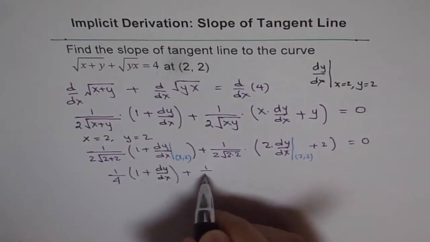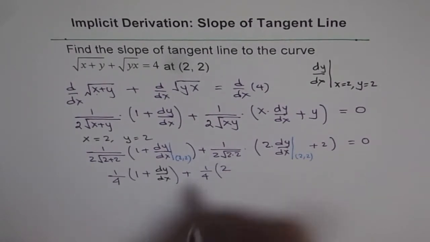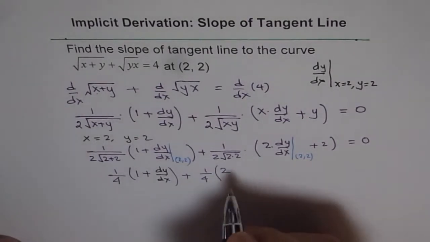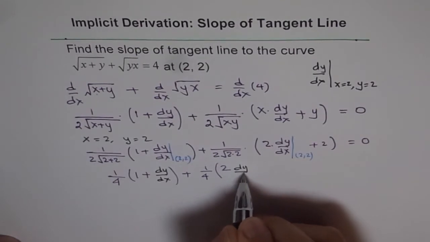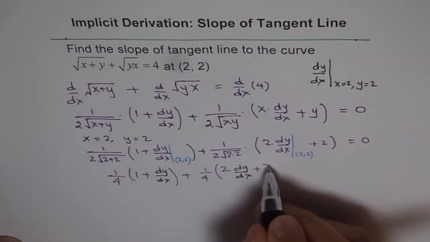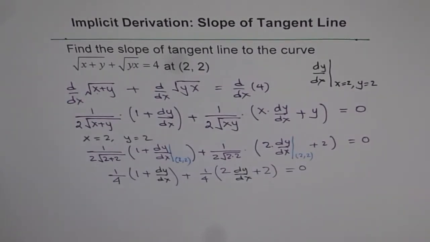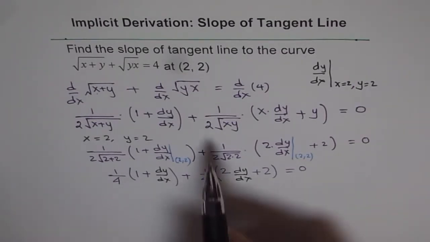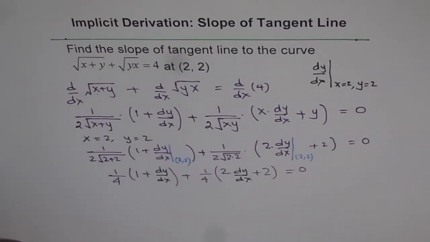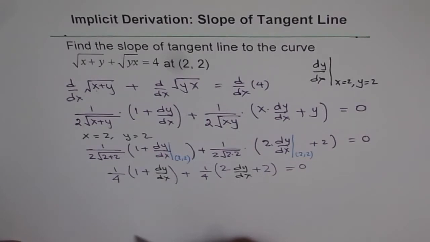Plus, this is also 1 over 4 within brackets, 2 times dy/dx, plus 2 equals 0. Do you see that? It becomes a simpler equation for us to solve and gets rid of all the square root terms which are at times scary. And now you can isolate dy/dx and get the answer, right?